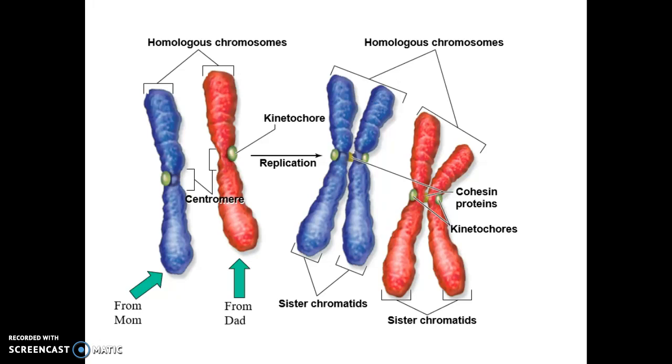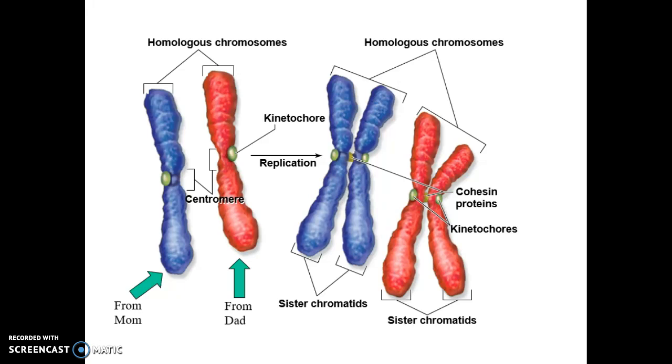Mom's chromosomes came to us in the egg. Dad's chromosomes came to us in the form of the sperm. That combined created the zygote, which then went through cell division to make more and more and more copies to eventually produce the individual. Now, the little green spot on the chromosome is called a kinetochore.